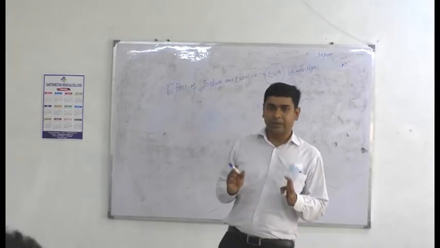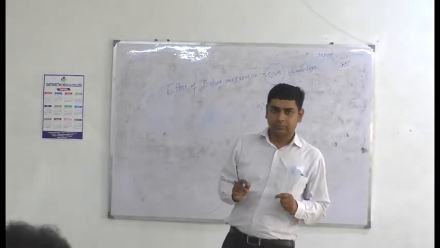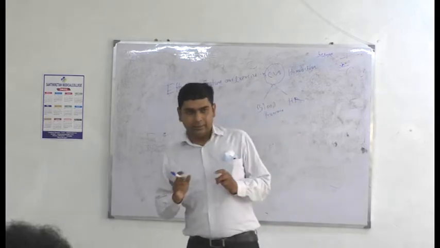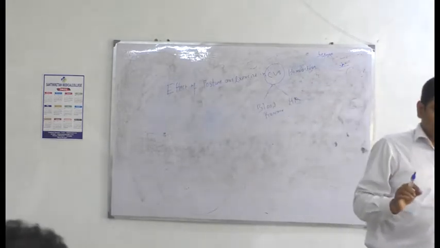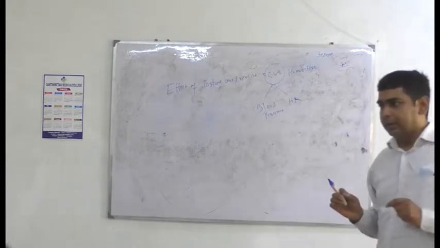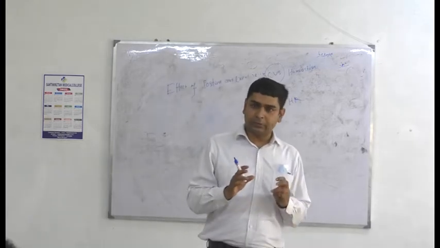So what is blood pressure? It is the lateral pressure exerted by the blood on the vessel wall. You can measure it by an indirect manometer. That is called blood pressure.